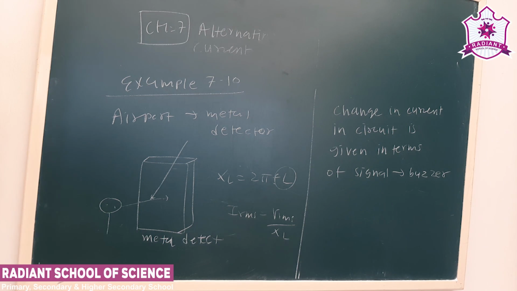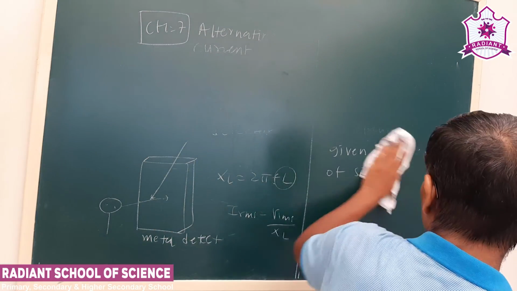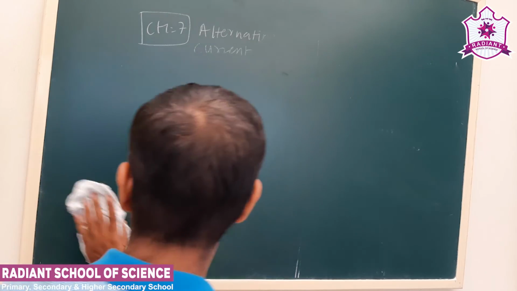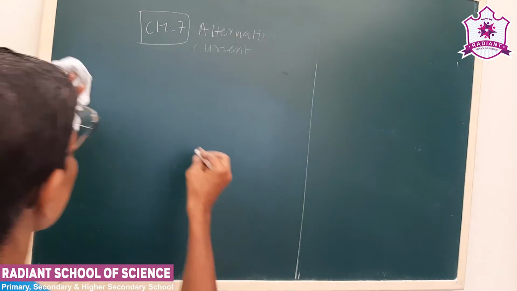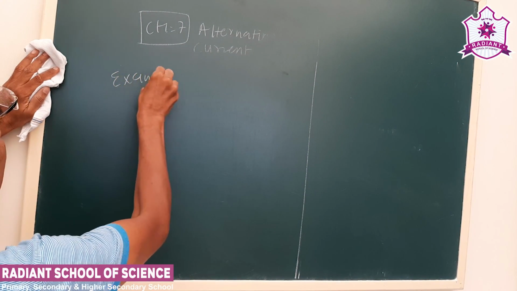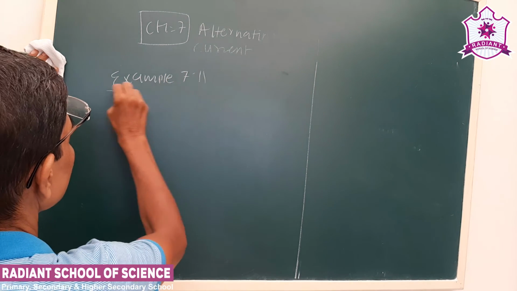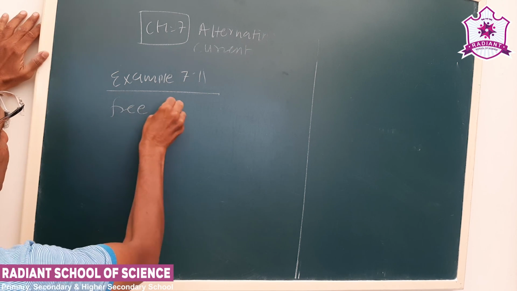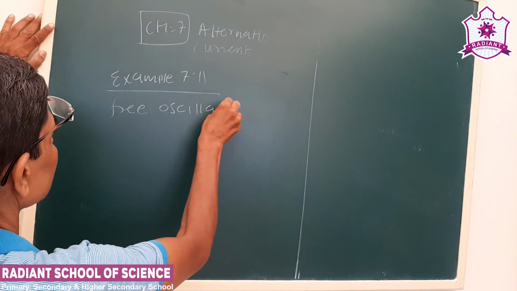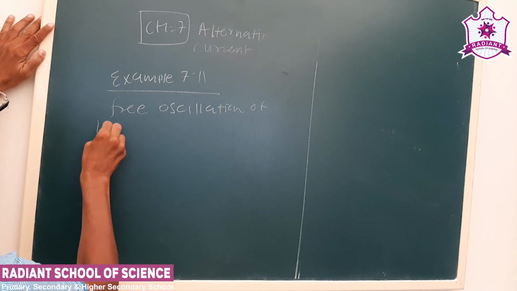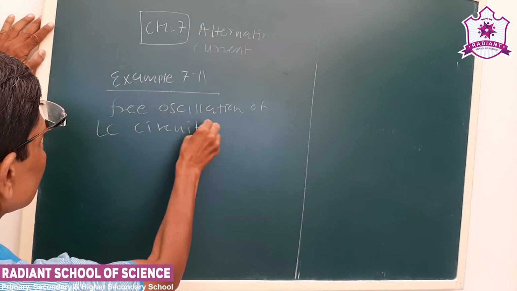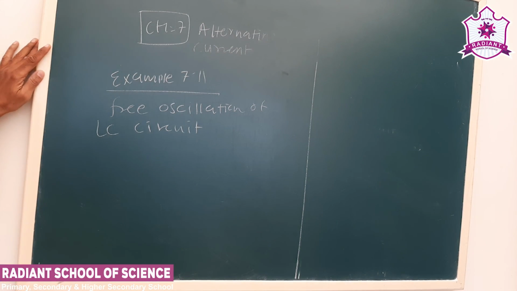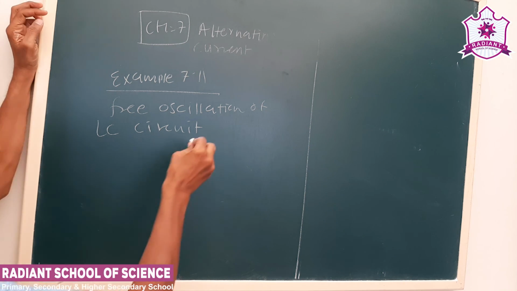Now see, next is our example number 7.11. We have to show that in a free oscillation of an LC circuit, the total energy remains constant.